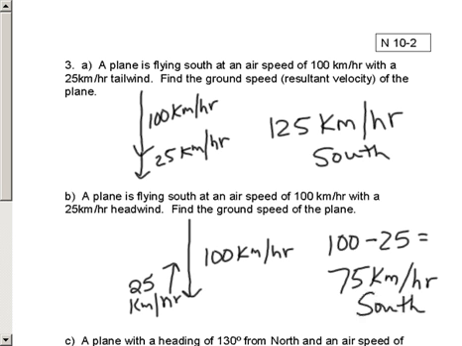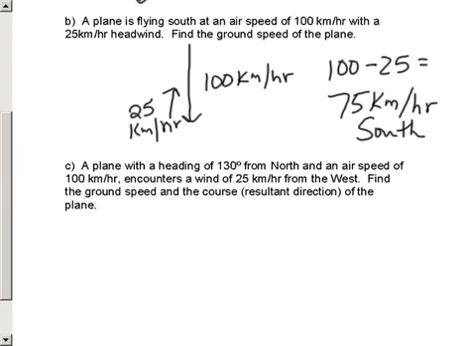Got it? That's it. Now number C. The tailwind, though, means it's going with it. So you take the vector of the plane and you add it to the vector of the wind. Right, it's a vector. All right, last one.